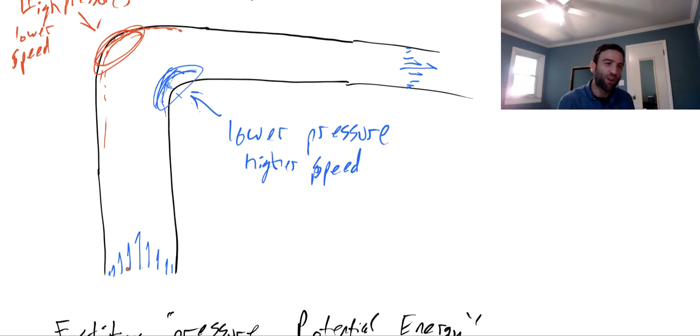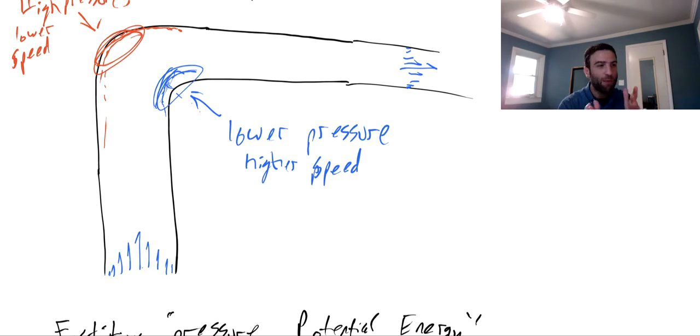And then when they go from high pressure potential energy, where they've lost some of their speed, back to some lower pressure, they get some of that speed back.